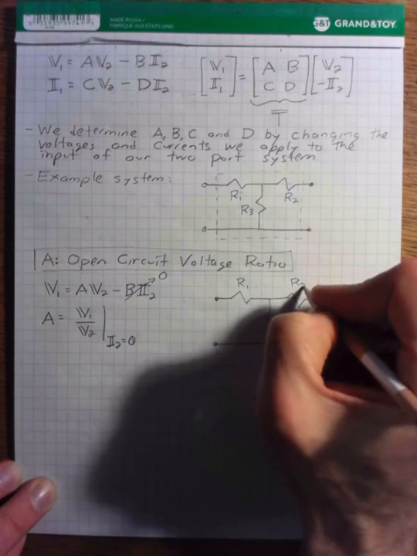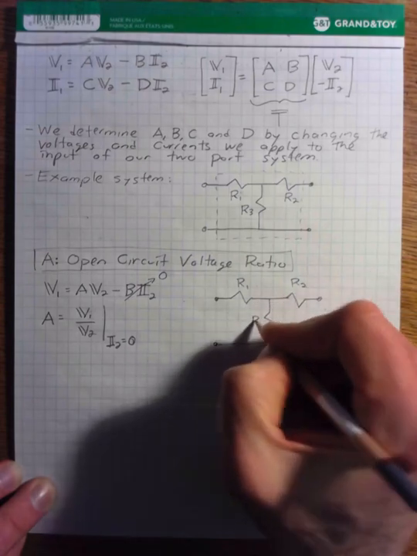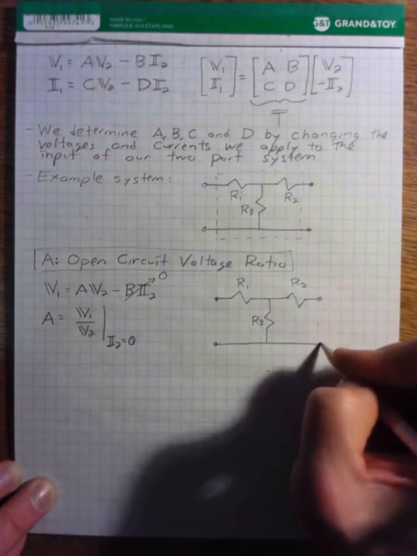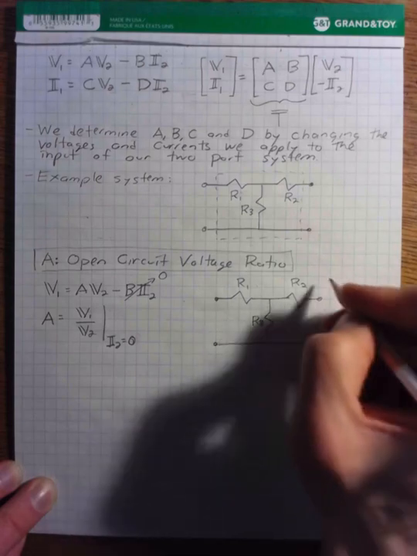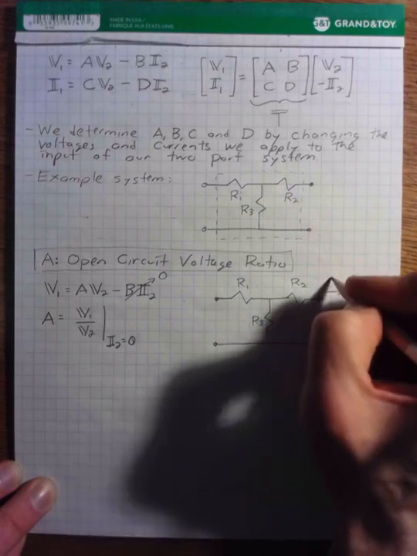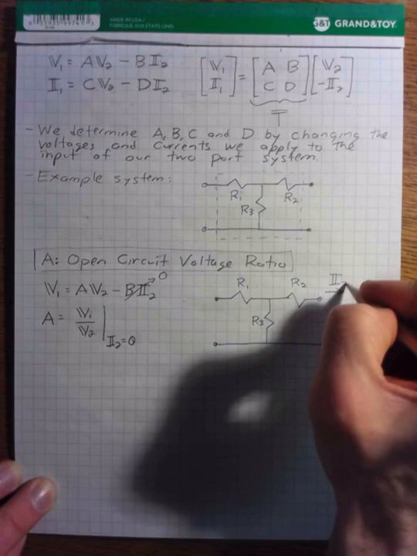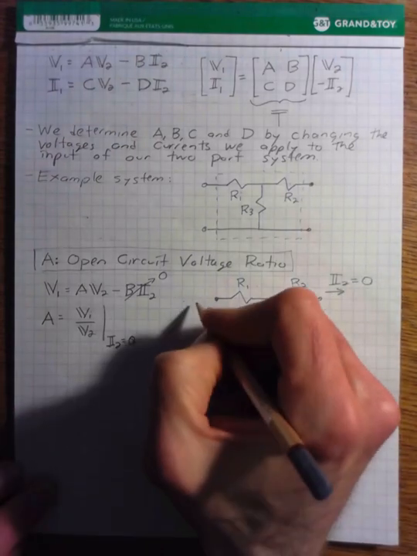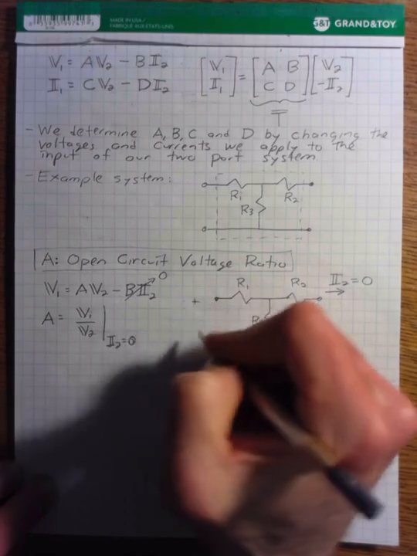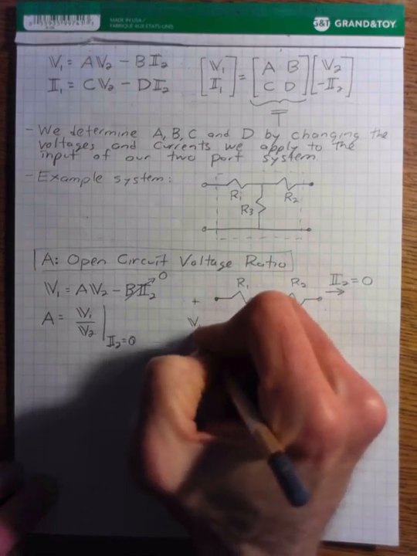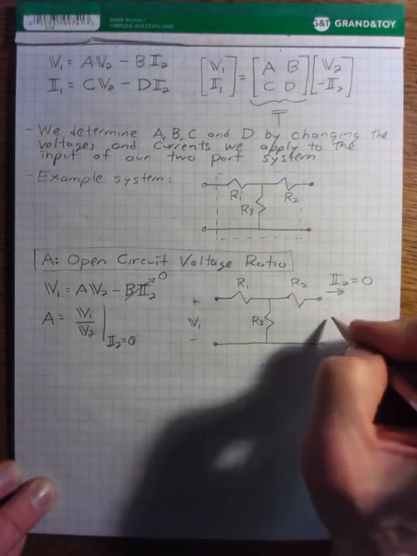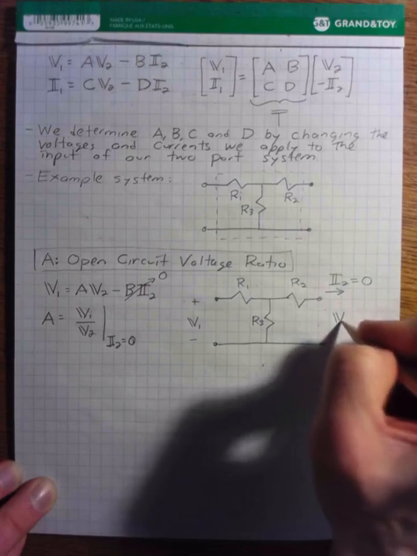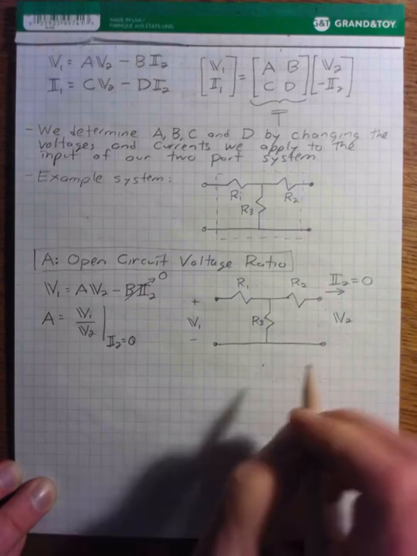R1, R2, and R3. This port is an open circuit, so no current can flow out of here. And we apply a voltage, V1, and we need to solve for the output voltage, V2.